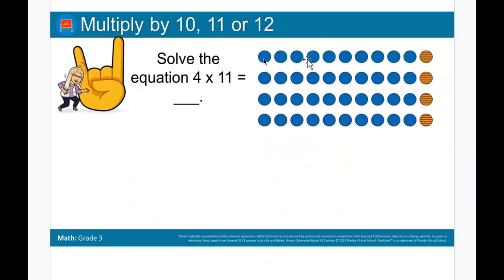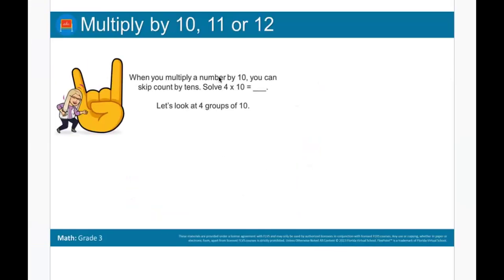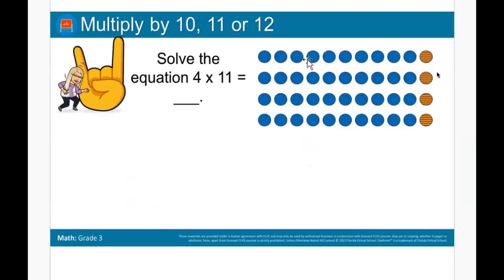Let's try another one. This one says solve the equation for 4 groups of the number 11. Well, third graders, I can use my knowledge from this problem, which said 4 groups of 10, but this time I'm adding on one more to my group of 10.